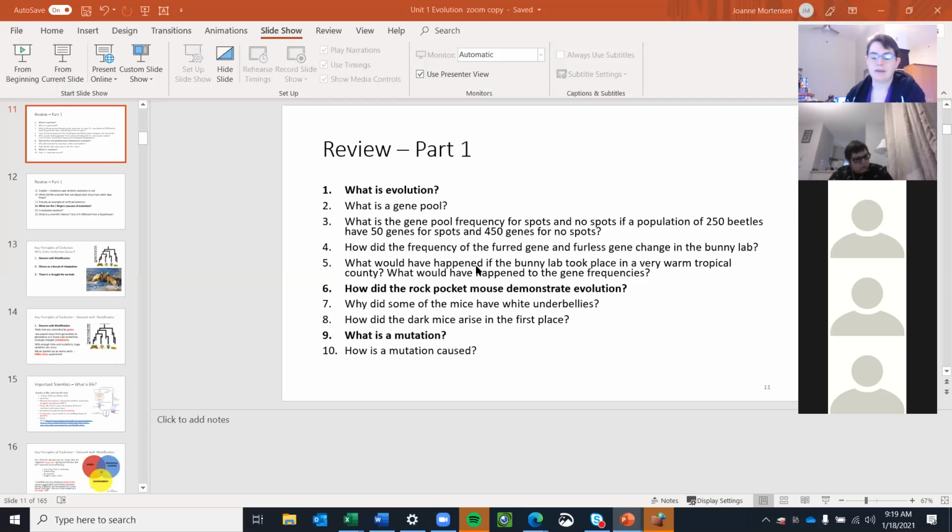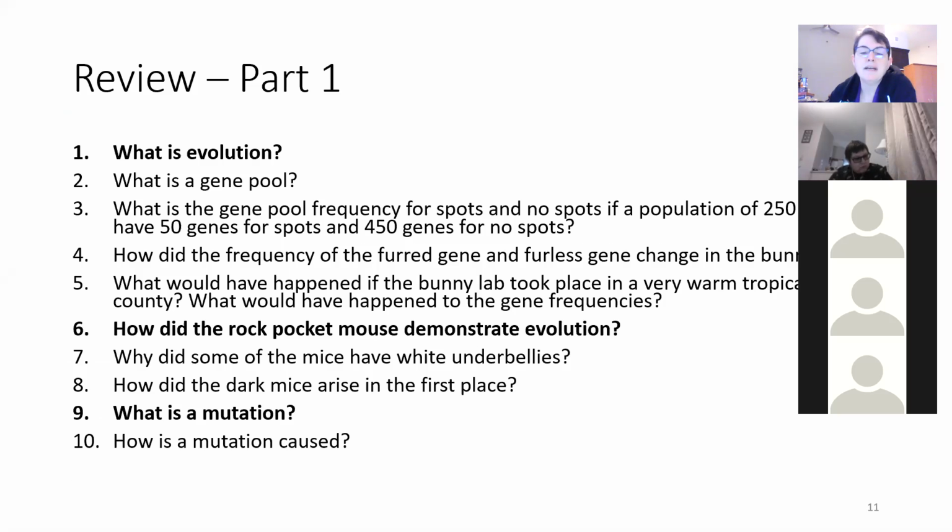Okay. So why did some of the mice have white underbellies? Does anybody remember? Could it be like a mutation? It's random.